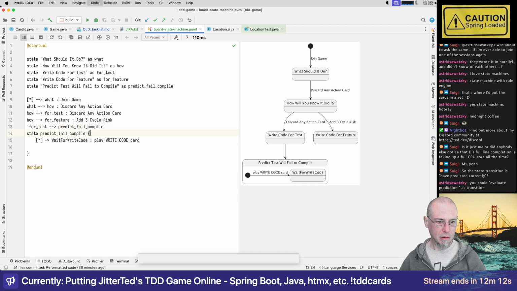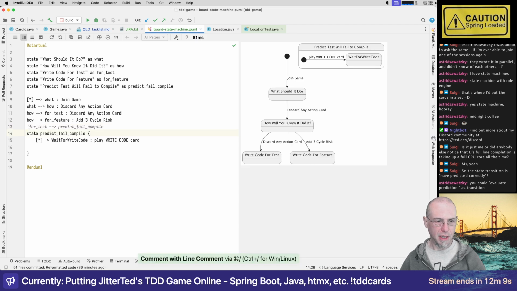So let's comment that out for a second. And this is write code for test.